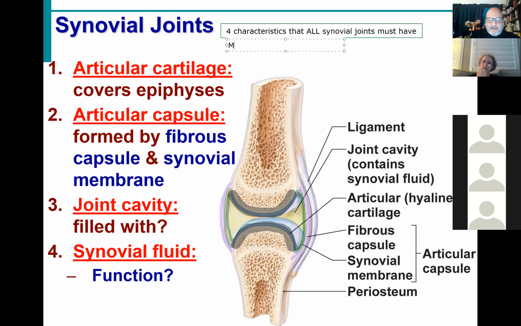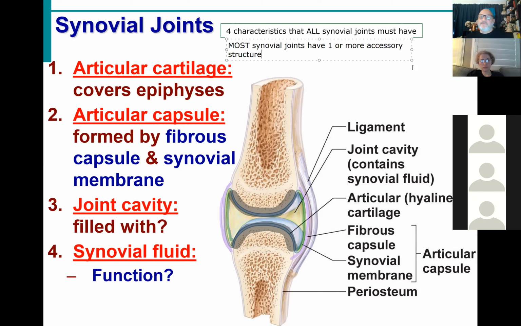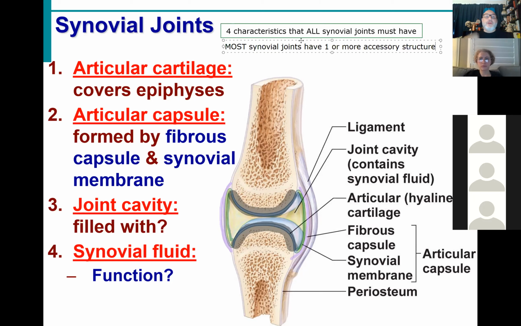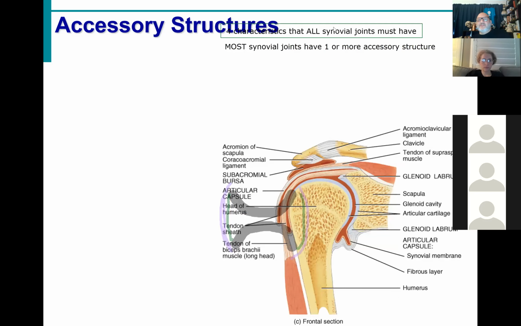We can also say that most, of course, most means not all, synovial joints have one or more accessory structure. These things are structures that are not required for synovial joints, but many of our synovial joints have one or more of them. So let's talk about some of these accessory structures.